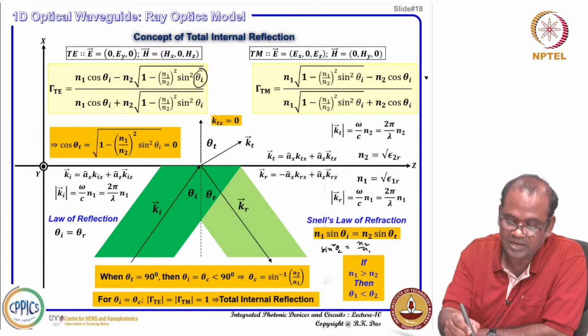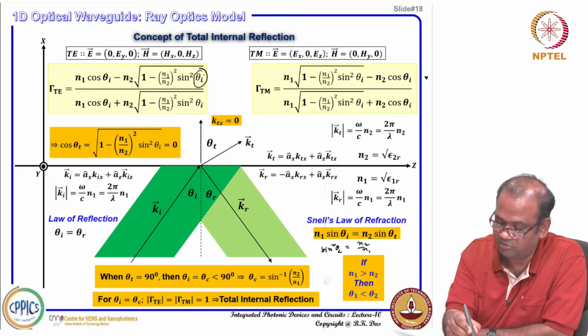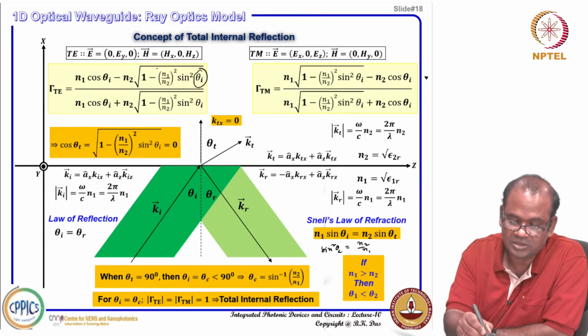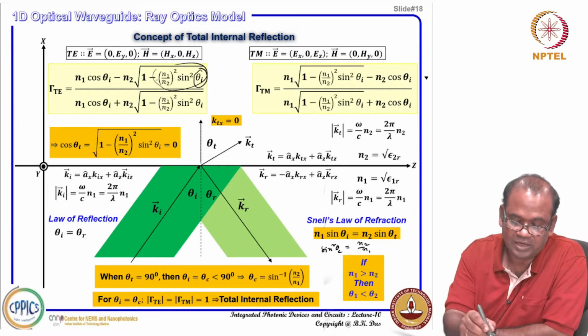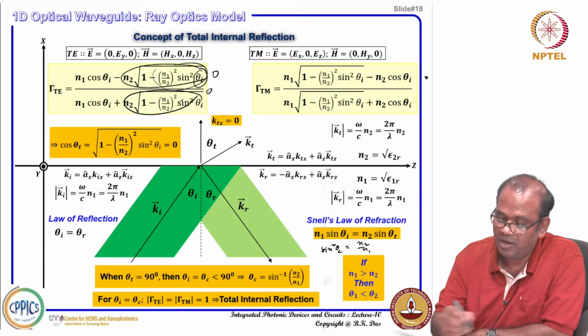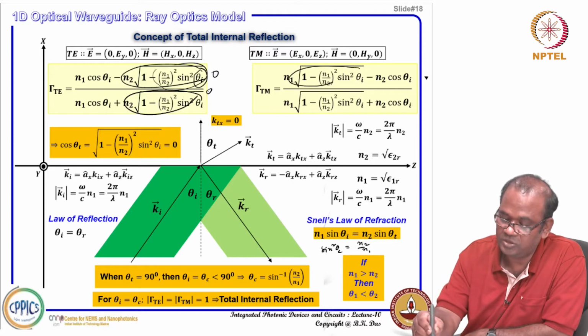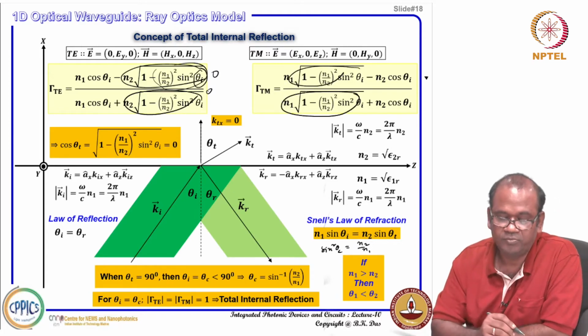So, when theta I equals theta c, sin square theta c equals n2 by n1. That means this value will become 1. So, 1 minus 1 is 0, that means the second term is completely 0, and this is also going to be 0, this is also going to be 0.